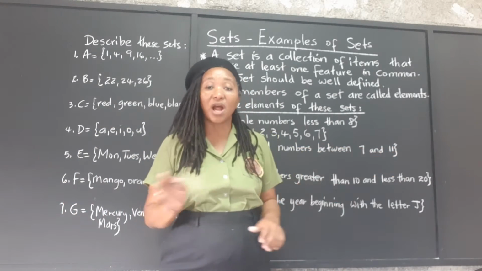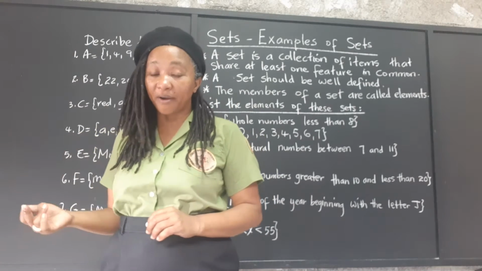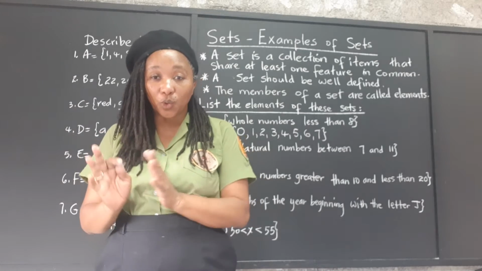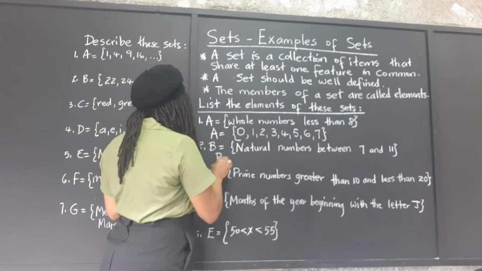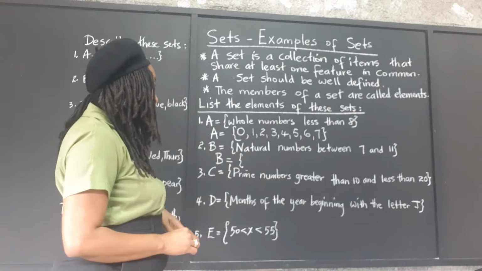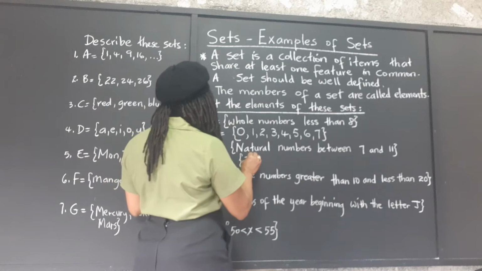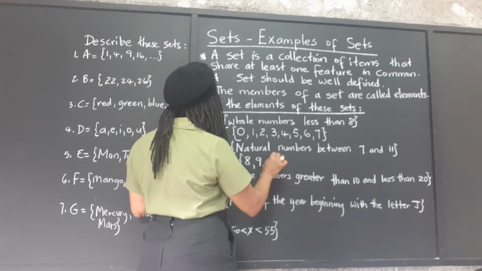That means we are not going to include the 7 or the 11, just the ones in between them. So for set B, to list set B, the natural numbers between 7 and 11 will be 8, 9, and 10.